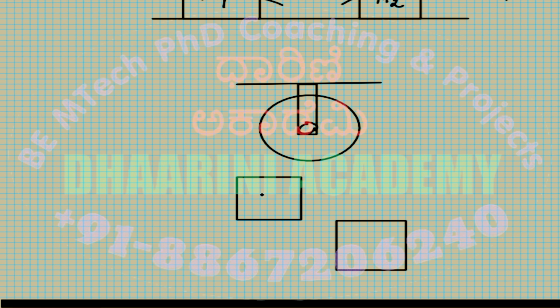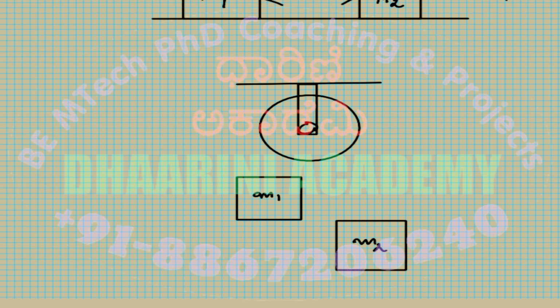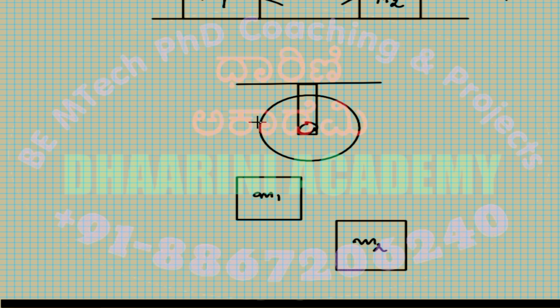So this is mass m1, this is m2, and this is how they are connected.